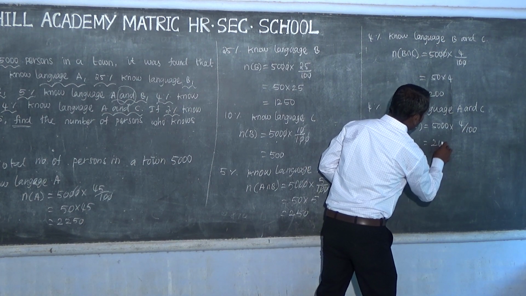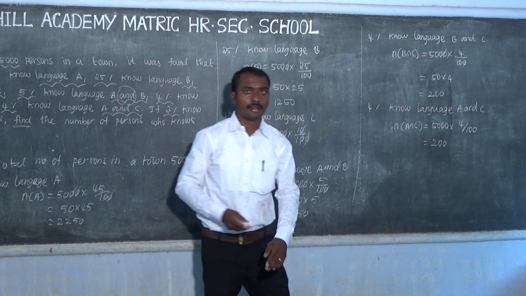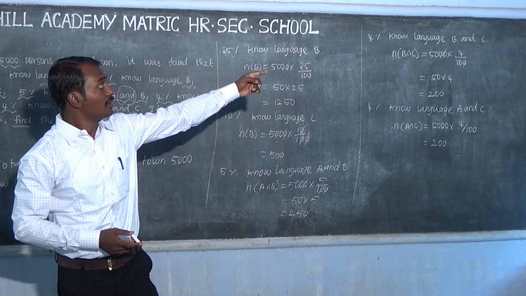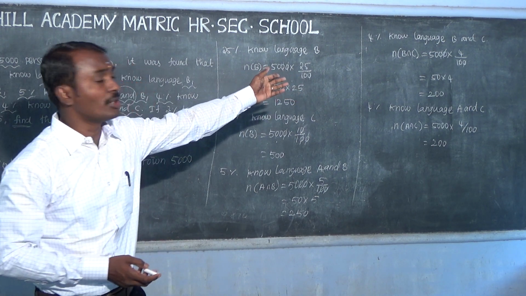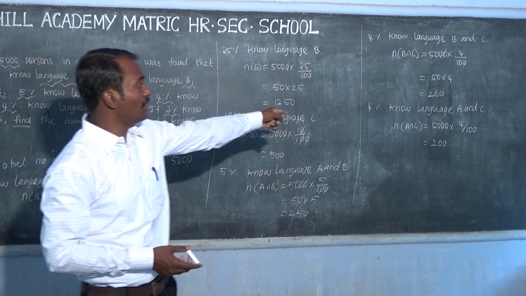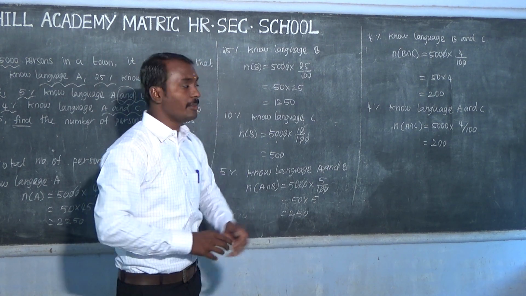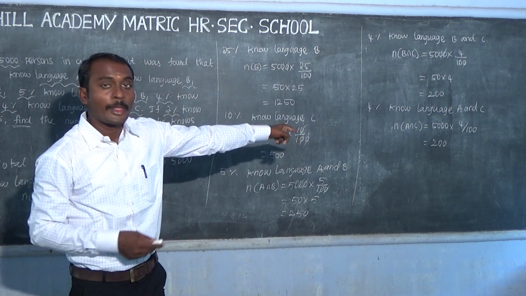The value is the same, 200. Before this we already found the value for B and C, and A and C is also the same, so I directly put the answer 200.